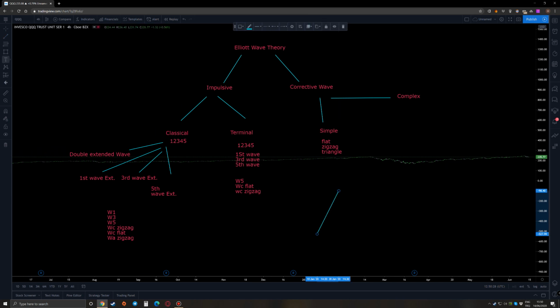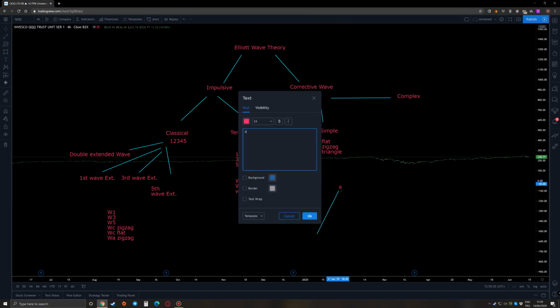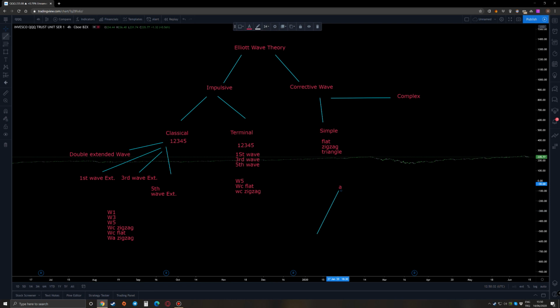So, let's say that we have a flat. So, B. I'm sorry, I am actually not using TradingView for so long. This is why I'm making these mistakes. So, what does it look like? Well, it looks like a flat. Why does it look like a flat? As you can see, the B wave has come more than 618.